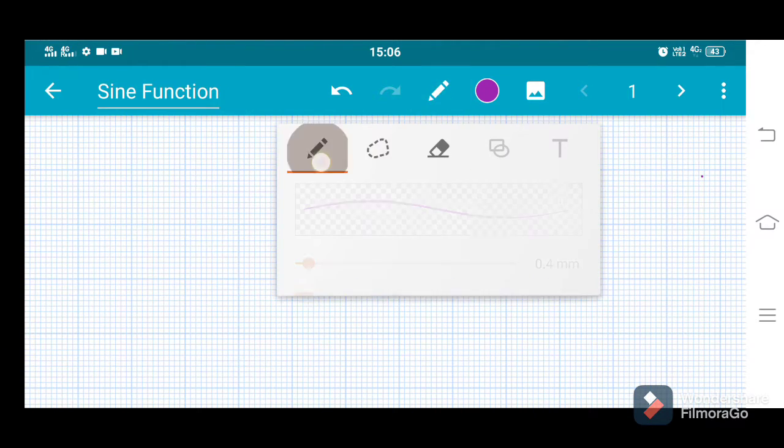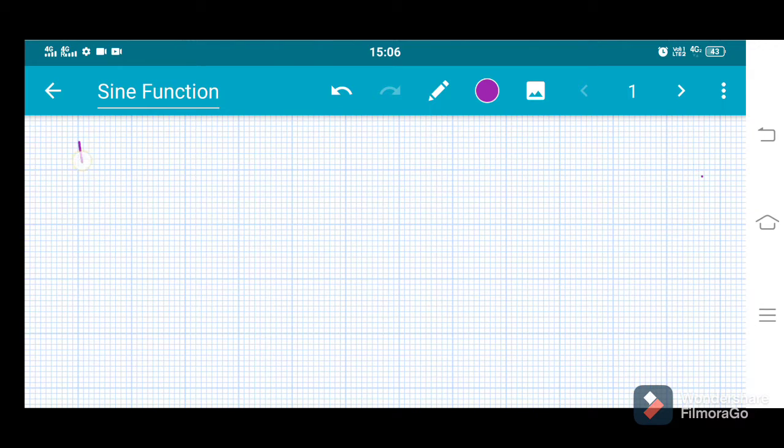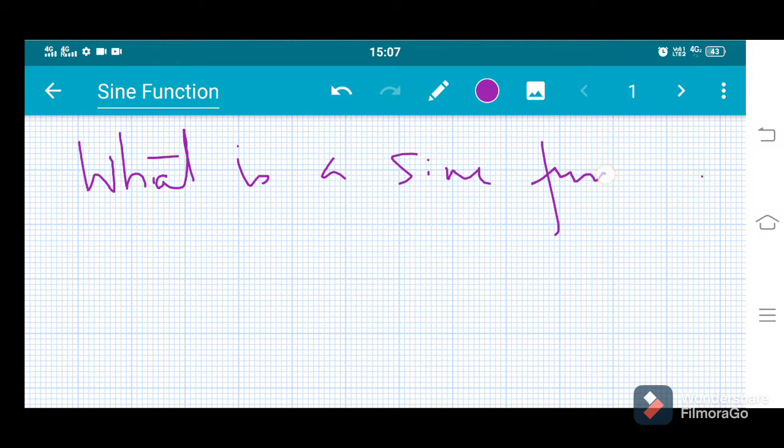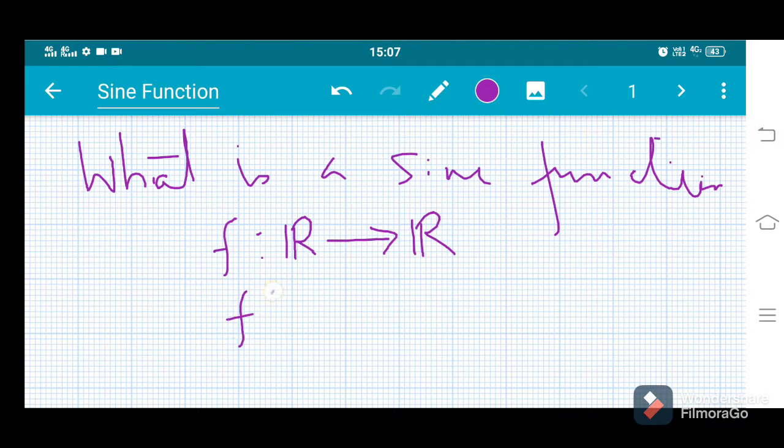What is a sine function? The function f is a simple function that we all read at HS level, from R to R, defined by f of x equals sine x.